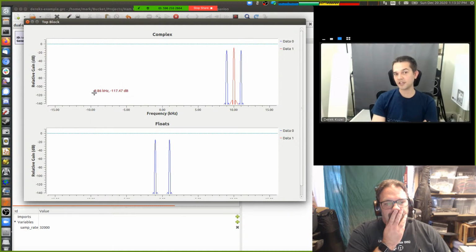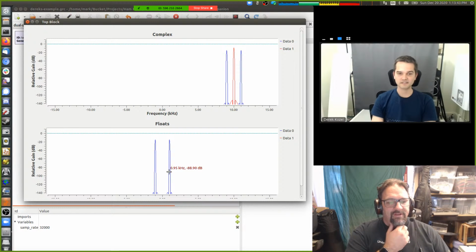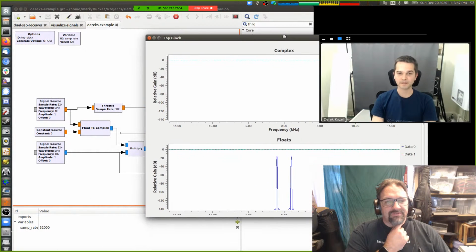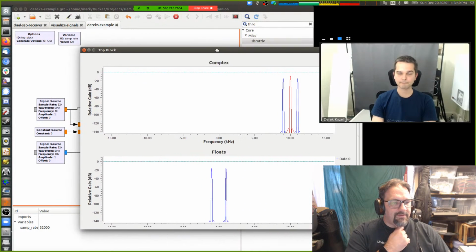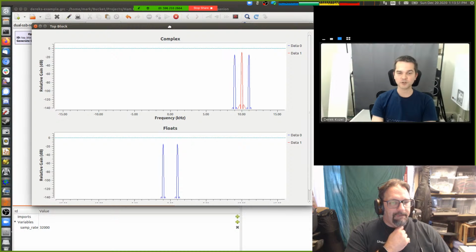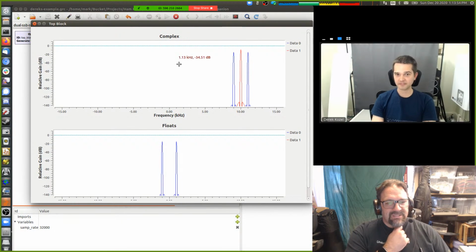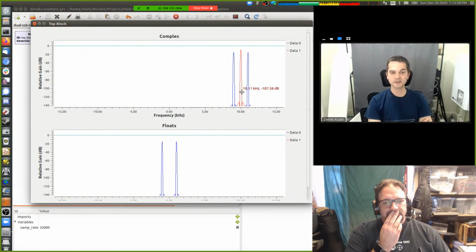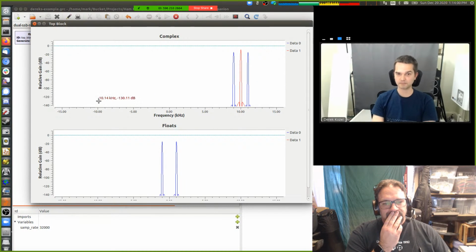It is only a positive frequency. Whereas our float input is represented both positive and negative. So when we multiplied those, we did not end up with energy at negative 10 kilohertz plus or minus 1K.